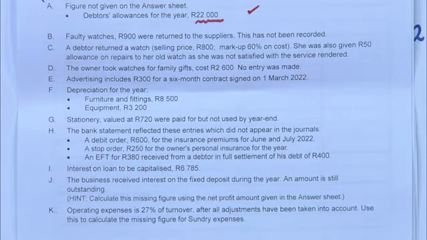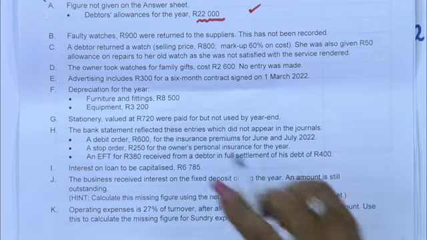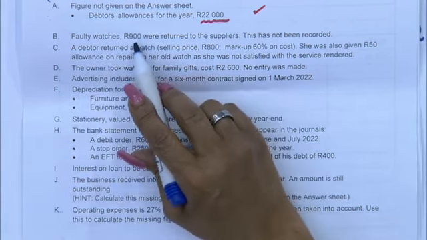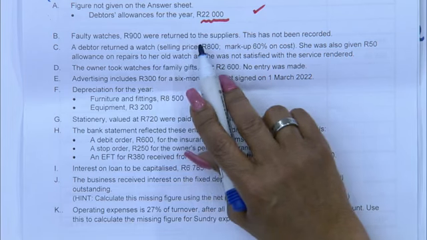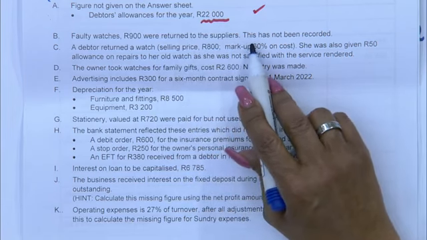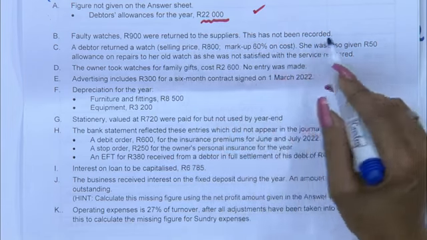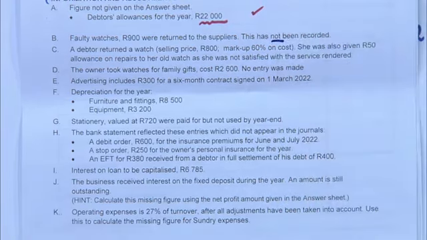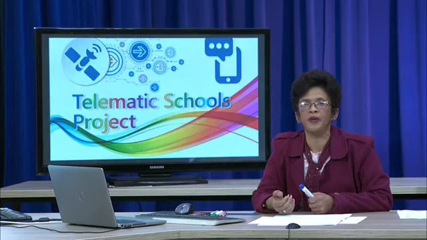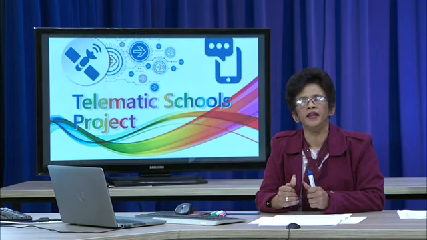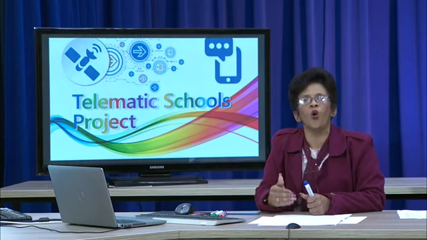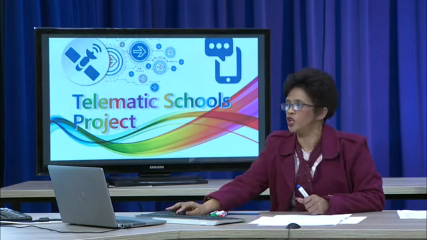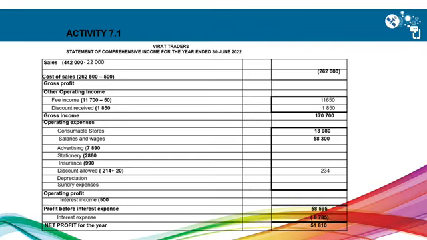In B, they're telling us or informing us that faulty watches were returned to the supplier, and this has not been recorded. Now, if I return goods, it simply means that my stock or my trading stock will decrease. So let's look at the effect. Right.